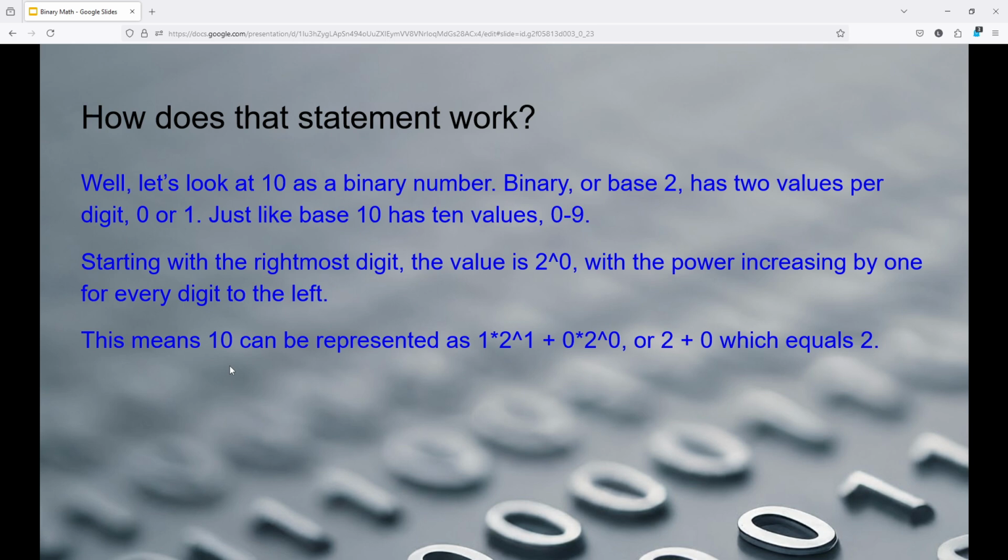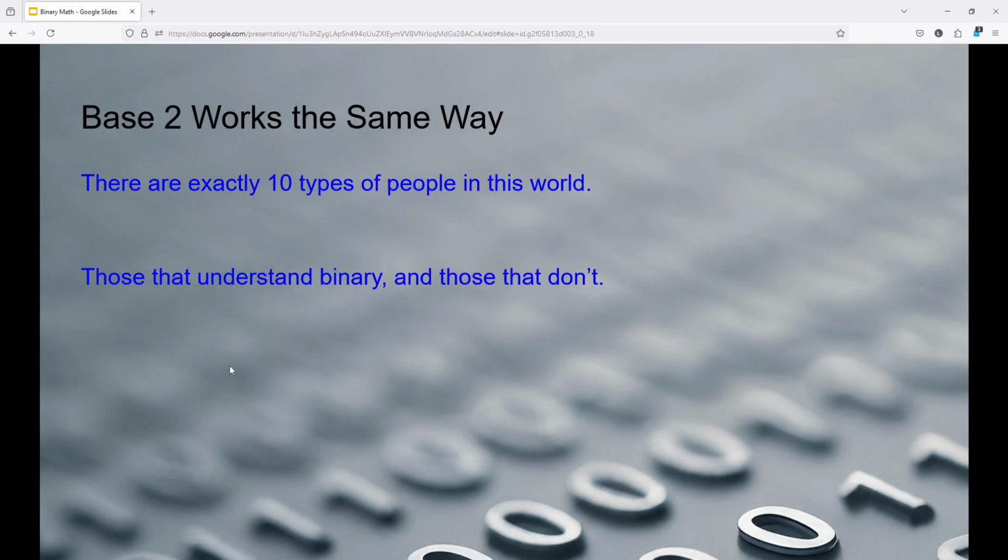That means if I want to convert 10 binary to decimal, that would be 1 times 2 to the first, plus 0 times 2 to the 0, or 2 plus 0, which equals 2. So 10 in binary is 2 in decimal. Thus, my saying works.